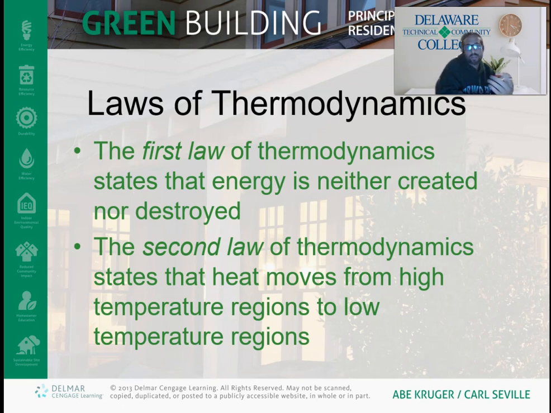The second law is about entropy, but the implications for our purposes are, number one, that heat always flows from areas of higher to lower temperature, and number two, when you convert energy from one form to another, there's always some loss. It's always less than 100% efficient. So there's no such thing as a 100% efficient furnace or boiler. Okay, so that's the first law and the second law.